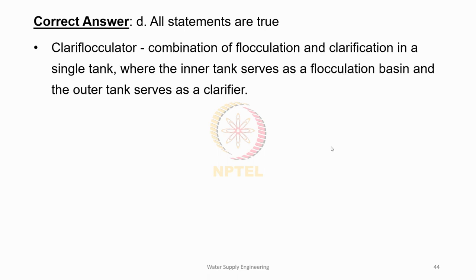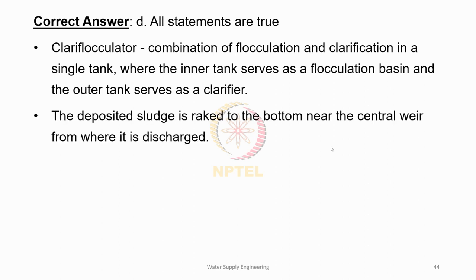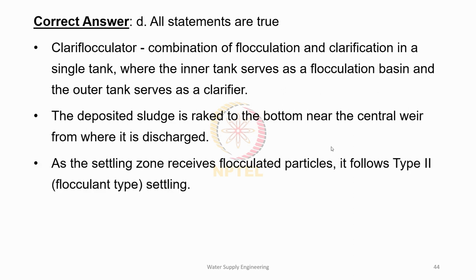A clariflocculator is a combination of flocculation and clarification happening in a single tank, with an inner flocculation basin and an outer clarifier. The deposited sludge is raked to the bottom near the central weir and then discharged.